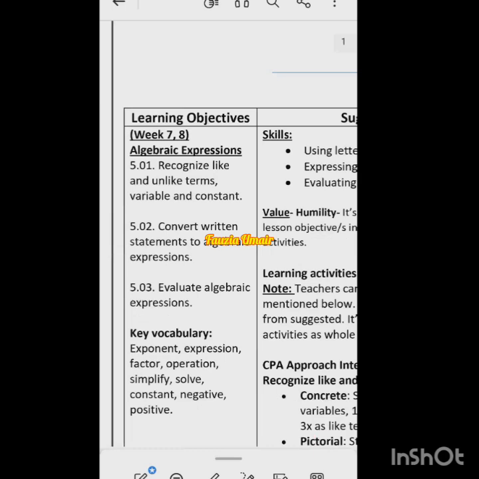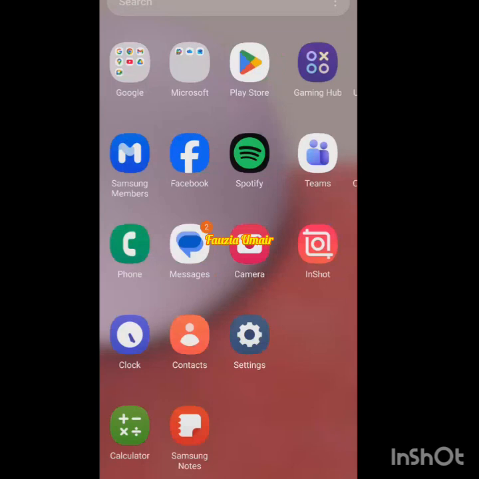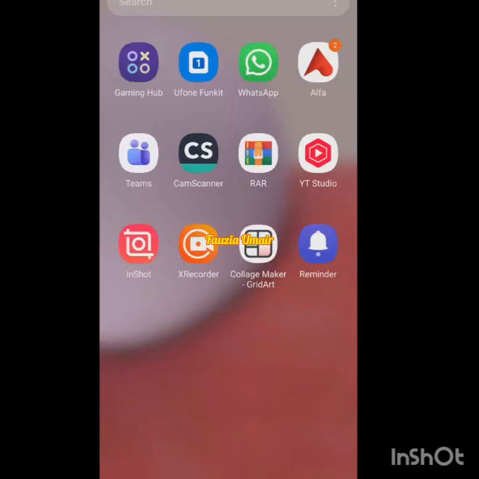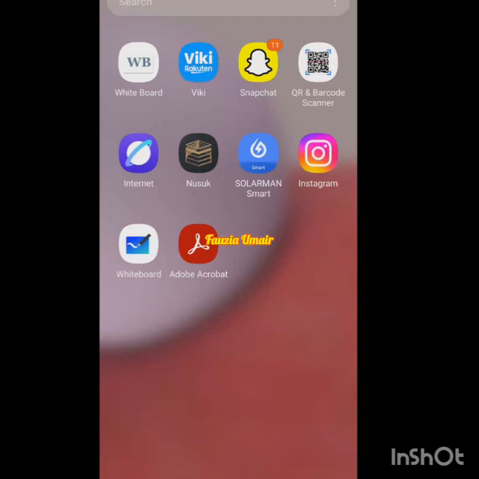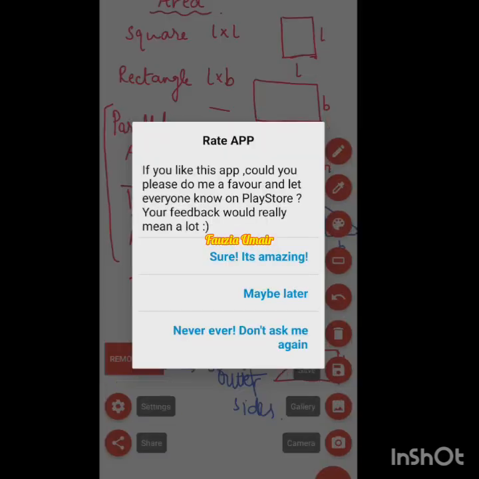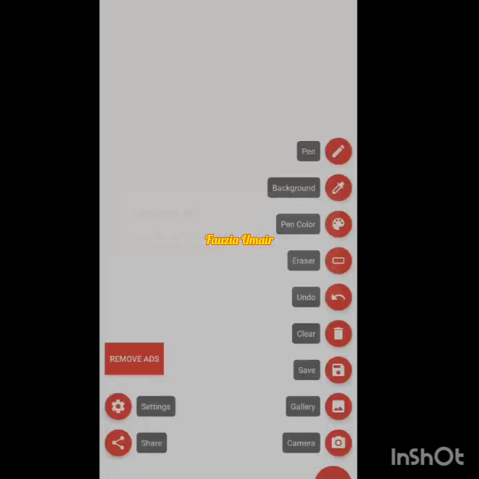So first of all, let's talk about what algebra is and why we need it. So if I can open my whiteboard. Zainab, what do you think algebra is, because you have read this already?